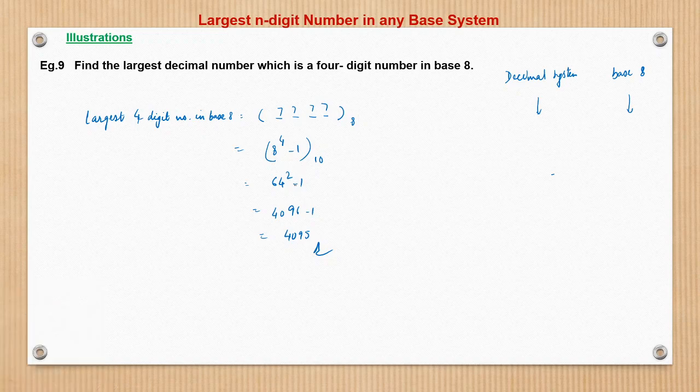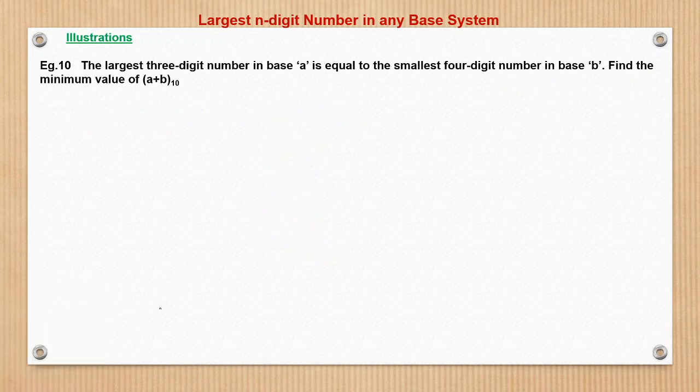So we'll move to the next question now. Here it says the largest 3-digit number in base A is equal to the smallest 4-digit number in base B. Okay.